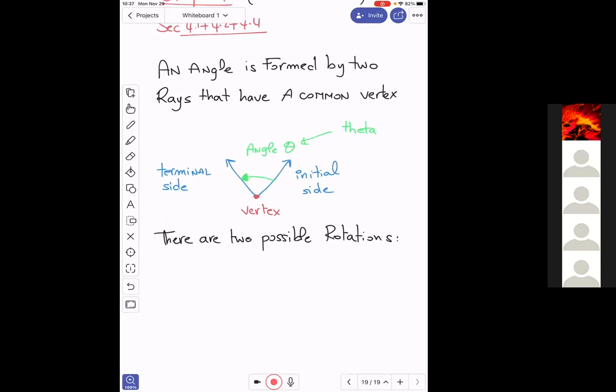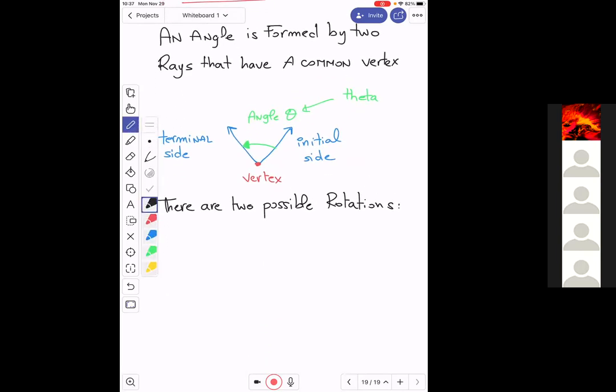The first possible rotation is, you have your vertex, and let's say this is your initial side, and here's your terminal side. Terminal side, initial side. So this is your angle theta.